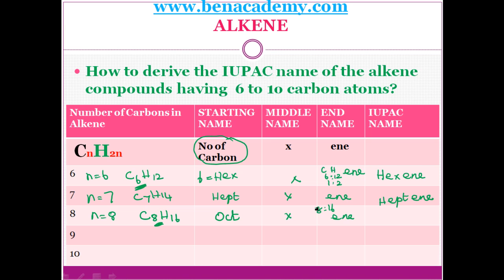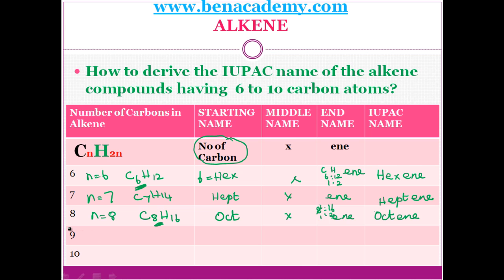Therefore the name of the compound having the formula C7H14 is heptene. Now when the number of carbons is 8, what will be the formula? C8, 2 times 8 is 16. Since the number of carbons is 8, the name is oct. There is no middle name, and the end name is ene, because the ratio 8:16 is 1:2. Therefore the name of C8H16 is octene.